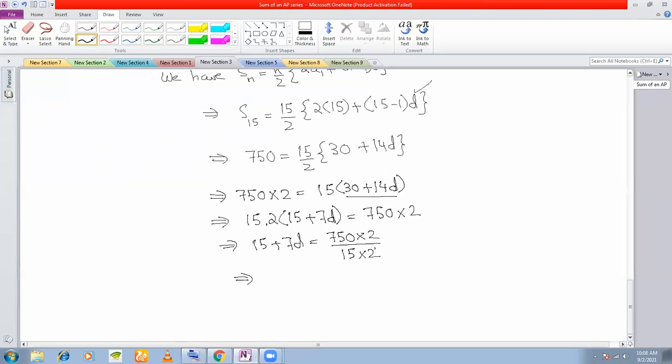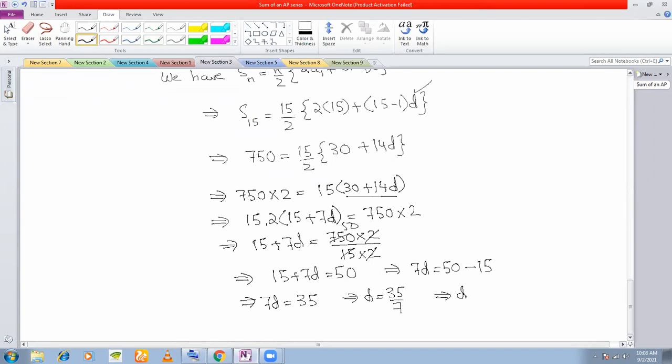So this 2 will cancel. Here 15 will cancel 50 times with 750. So you're getting 15 plus 7D is equal to 50. That means 7D you're getting as 50 minus 15, that means 7D is 35. And D you are getting as 35 by 7.